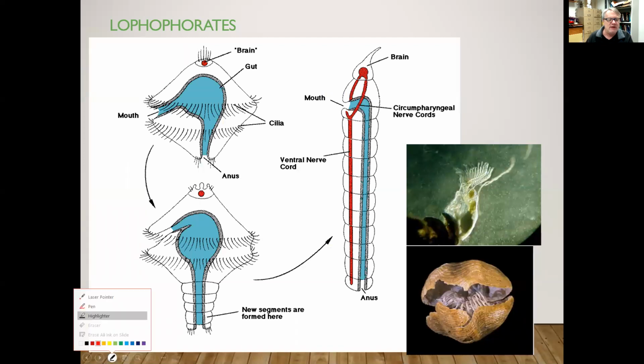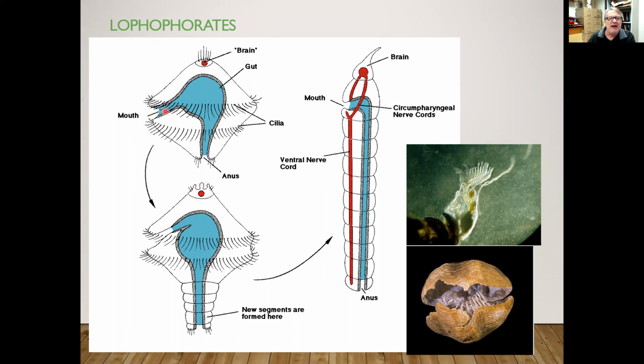And that feature is, and what the word lophophorate means, is that these are the organisms that have cilia around their mouth, very similar to what a protist or a bacteria might have that they use for locomotion. But these cells use cilia to move food towards their mouth.